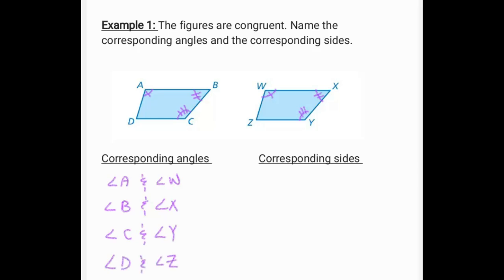Now let's look at the sides. So I have a side AB, which is this line right here, that is corresponding to side WX. And then I have a side of BC, which is this line right here, and that is corresponding to side XY.